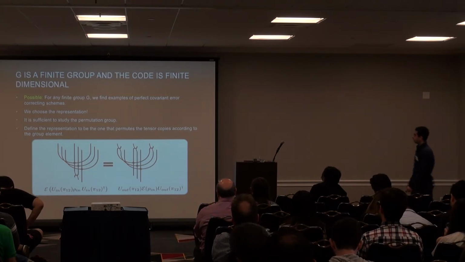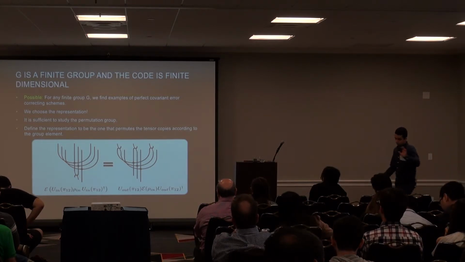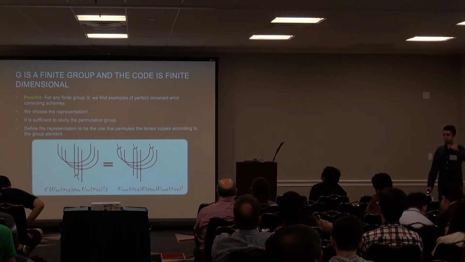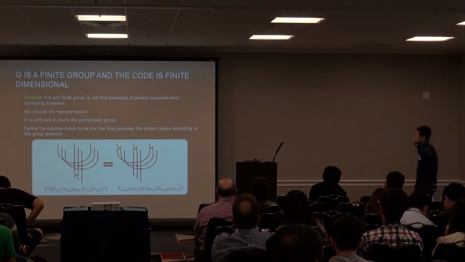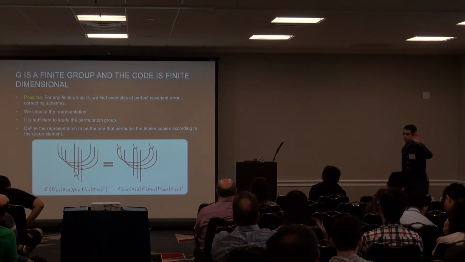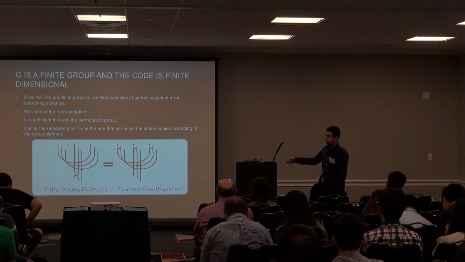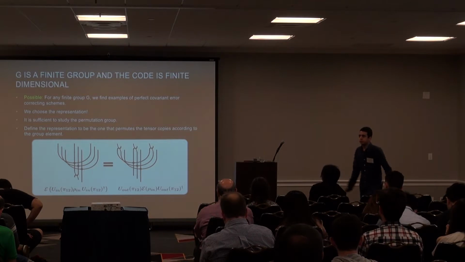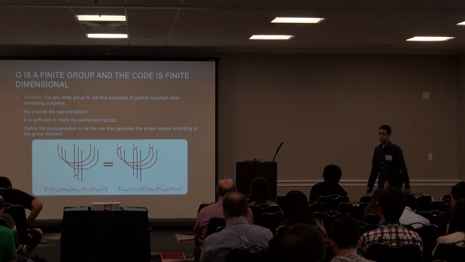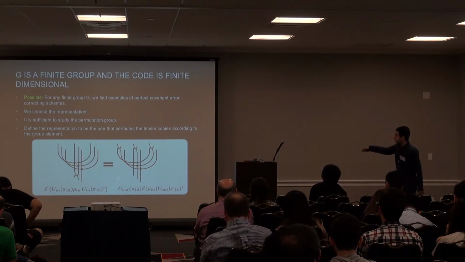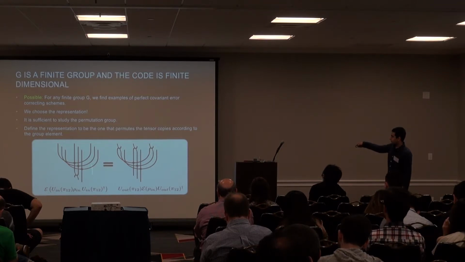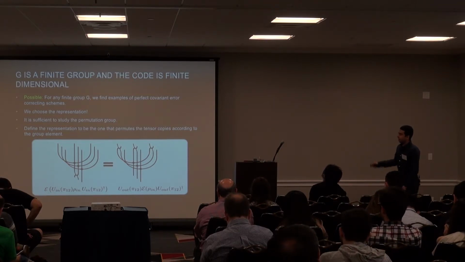So the construction is the following. Suppose that you choose your favorite non-covariant encoding. We can imagine each one of these forks is a 1-to-3 encoding, maybe the Q3 codes that Dan Harlow mentioned. So any one of these forks is a non-covariant encoding.